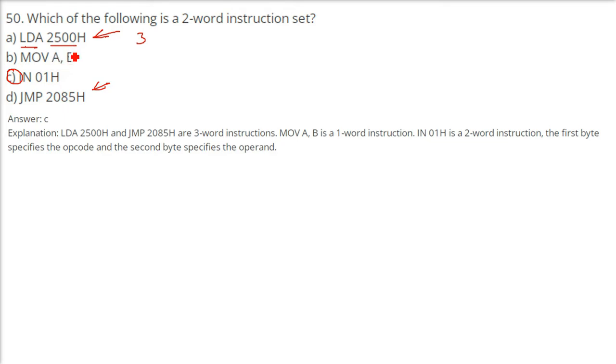MOV A, B is a one-word instruction, because there is no data, only A and B is given. So IN 01H is a two-word instruction. The first byte specifies the opcode, which is IN here, and the second byte, 01, specifies the operand.